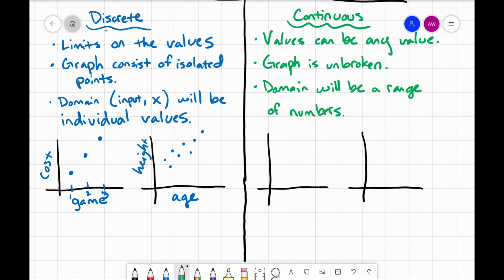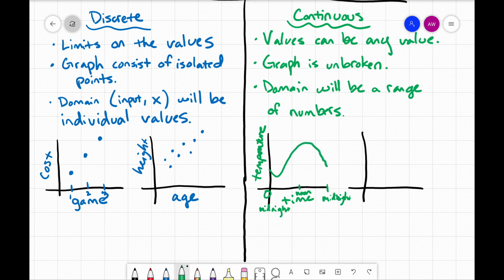With a continuous graph, that could be something like temperature and time. So if we have 0 being midnight to noon, back to midnight, we would see that when it's dark out without the sun warming it up, the earth will cool off, but then in the day it's going to heat up and then it's going to cool off again.